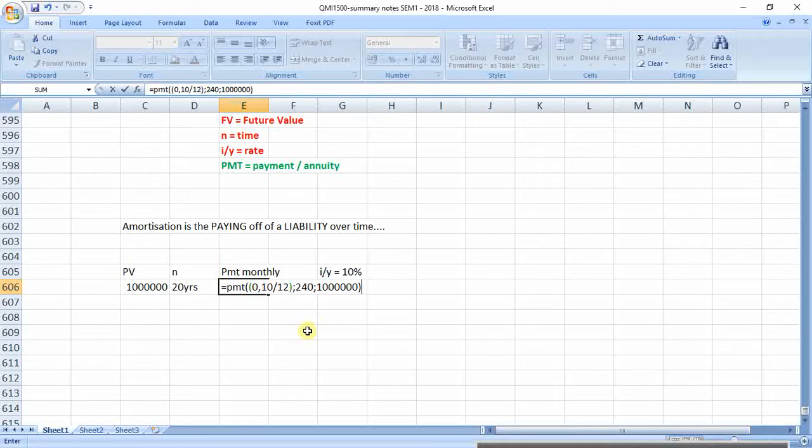That's the present value. Good. And then what? 20 years. No, I can't use 20 years. You need to use monthly. So it's 20 times 12. Good.